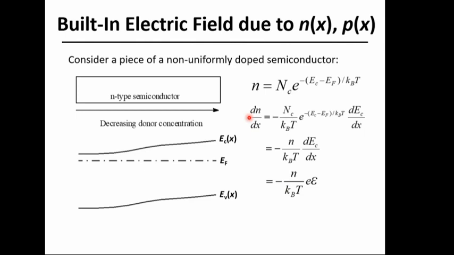Okay, so if I'm going back now to the equation of Einstein, I had at first to start with taking dN by dx or dP by dx. If I'm telling you I have a p-type material, then I will write dP by dx will reach, without the minus sign, P over kBT times E, the electric field.